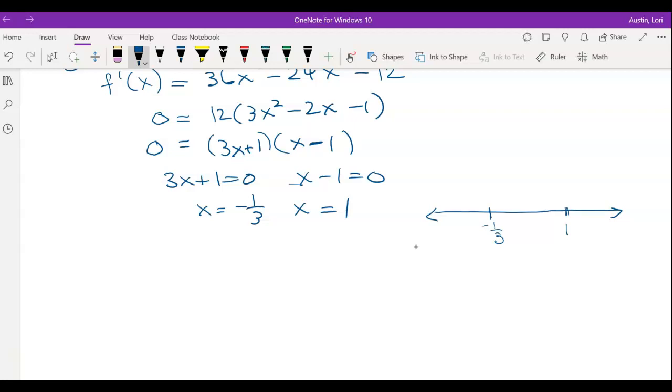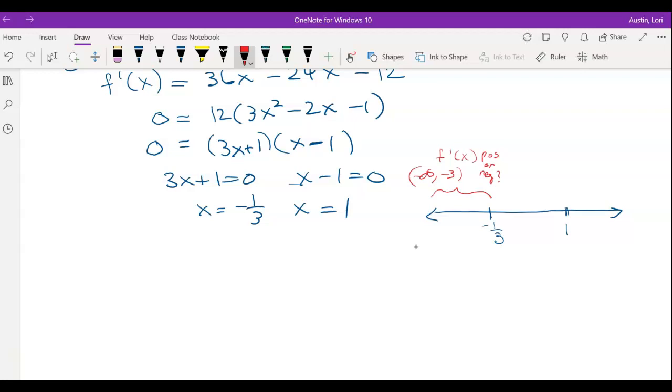So here's the question. First interval. Well, this interval goes from what? Negative infinity to negative 3, correct? Is f prime of x positive or negative between negative infinity and negative 3?